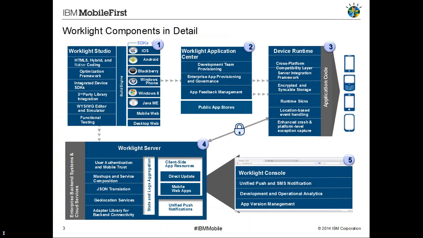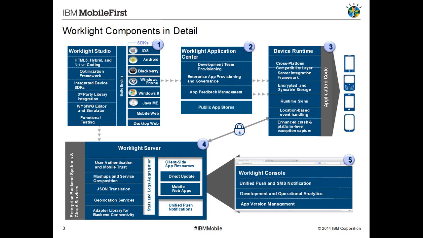The third component is a device runtime. This is something that gets installed on the phone along with the IPA or APK. This ensures there is cross-platform compatibility. This ensures there is runtime scaling, so we don't need to worry about what form factor and what screen density it's going to get installed on.